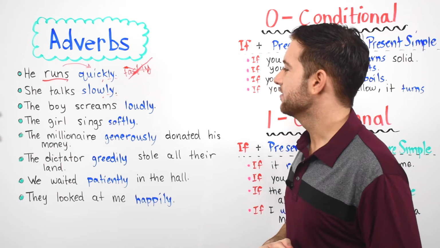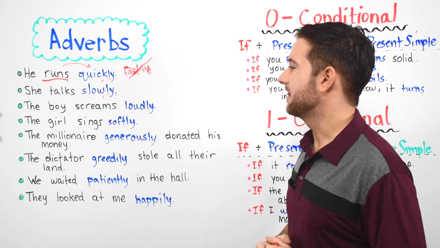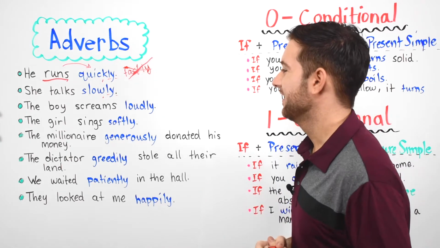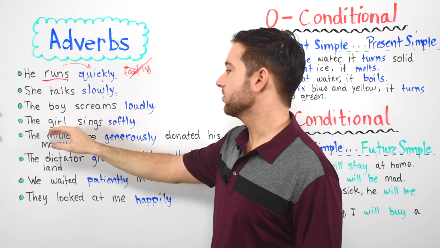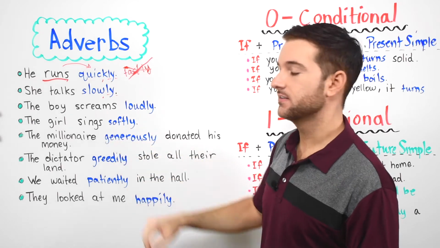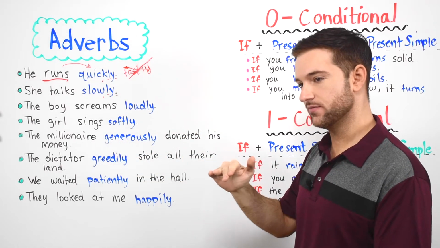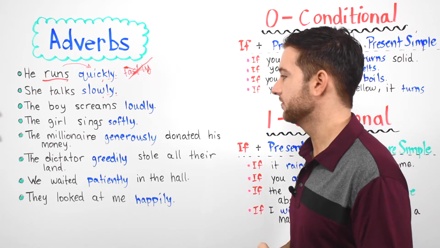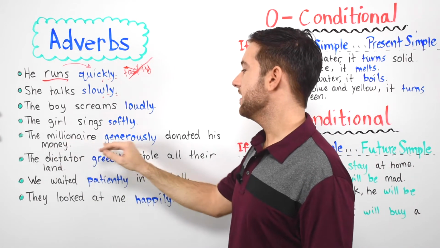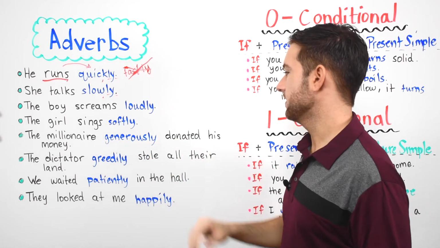So the boy screams loudly. And the opposite of loudly is softly. It says the girl sings softly. At a low-pitched voice, a very soft voice. The girl sings softly.